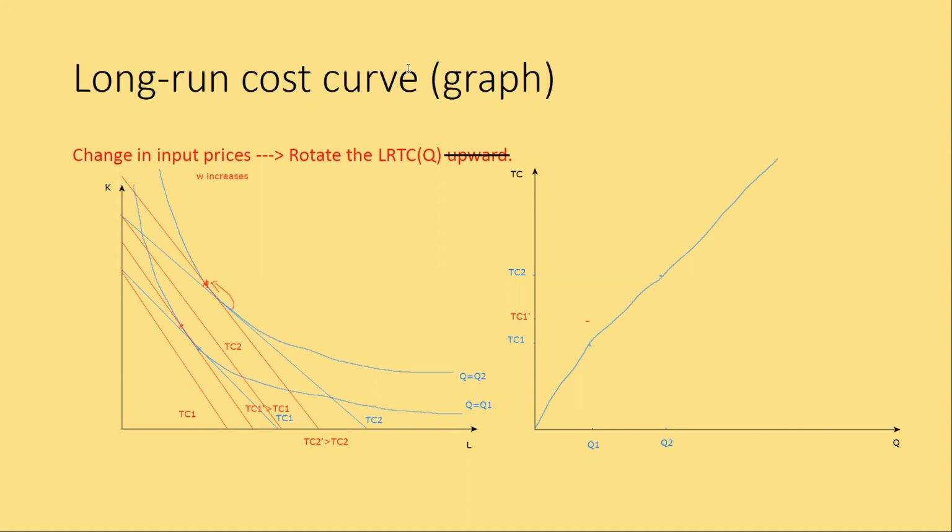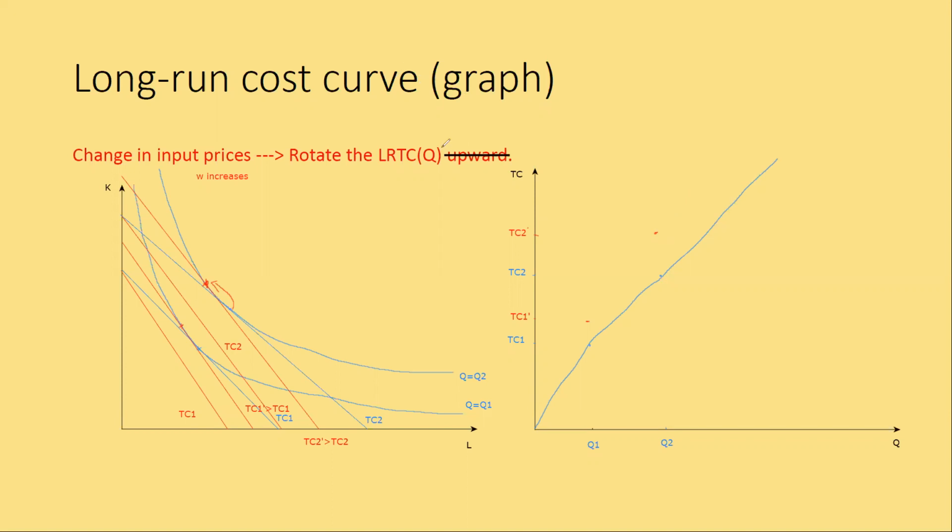So on the graph, the new point of TC2 might be somewhere here. So now, instead of the original blue point, this red point is on our new long run total cost curve.